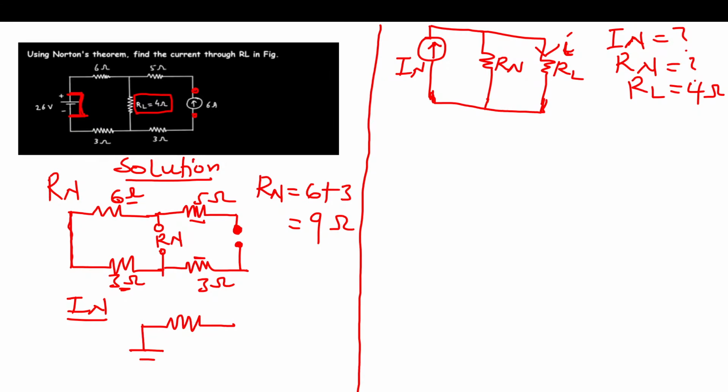And I'm going to bring back my voltage source. And then because this is where my load resistor was, I'm going to replace it with this. Sorry for the curved line.